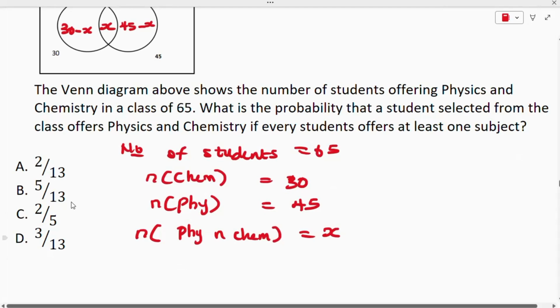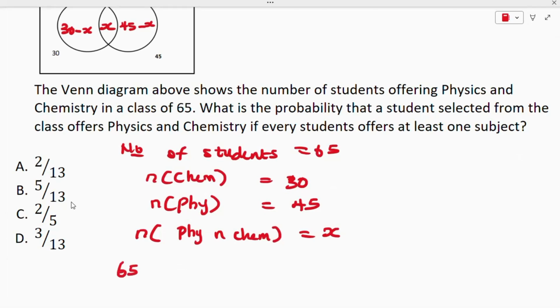So from here we have this to be 65, which is the total number of students, is equal to 30 minus x, which is for chemistry, plus x, which is for the students that offer both, plus 45 minus x, which is for the students that offered physics.